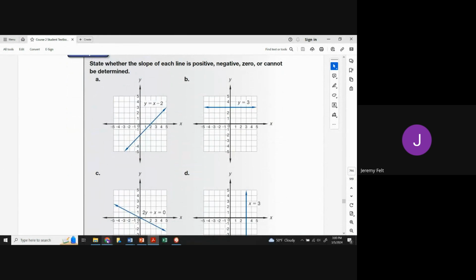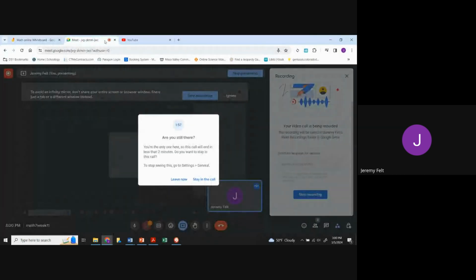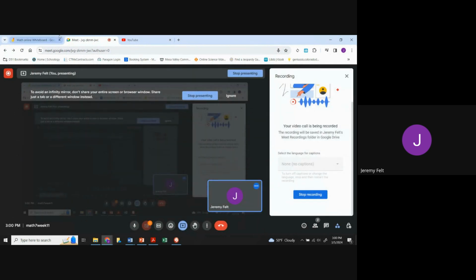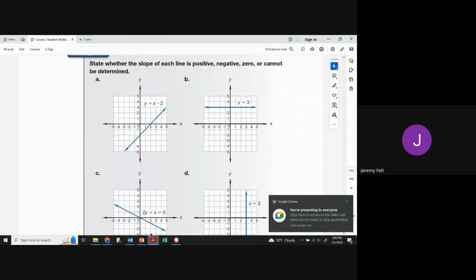With these ones, we're looking at if the slope is positive, negative, or 0, or cannot be determined. Let's look at these.